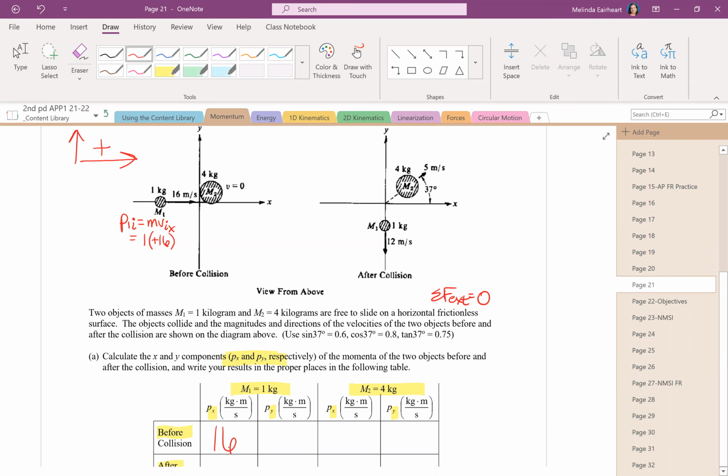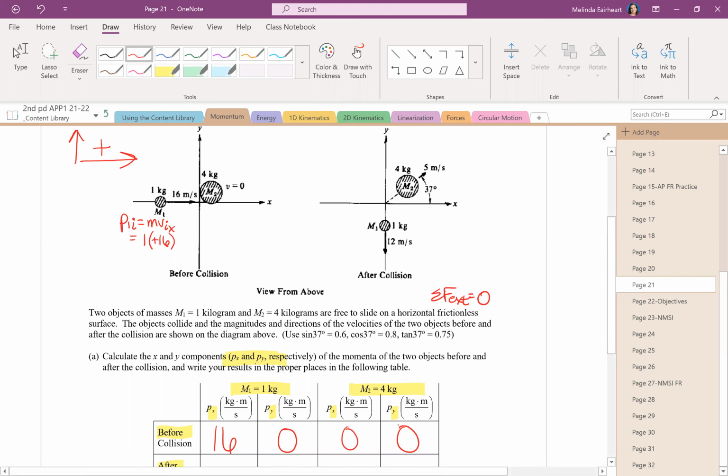What about the vertical momentum for object 1? 0. If you only move in the horizontal, there's nothing vertical about it. Then let's take a look at the second object before the collision. I'm going to do all the before collision first. And so the first, M2, the 4 kilogram, well, in the picture it says it starts at rest. So does it have any momentum?